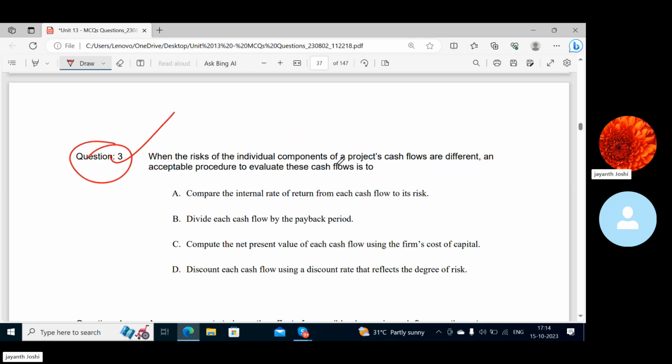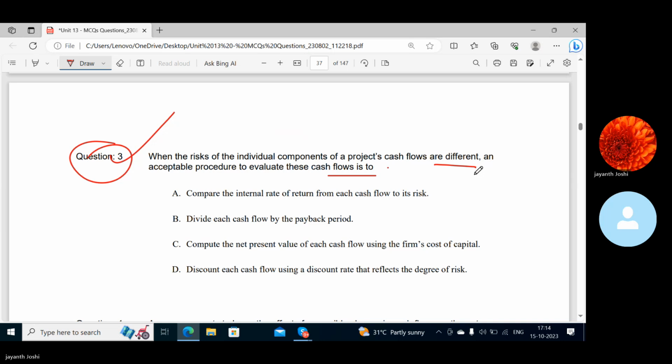When the risk of individual components of a project's cash flows are different, an acceptable procedure to evaluate these cash flows is to dash. When you take up a project, there may be different kinds of risks which the project may be exposed to.